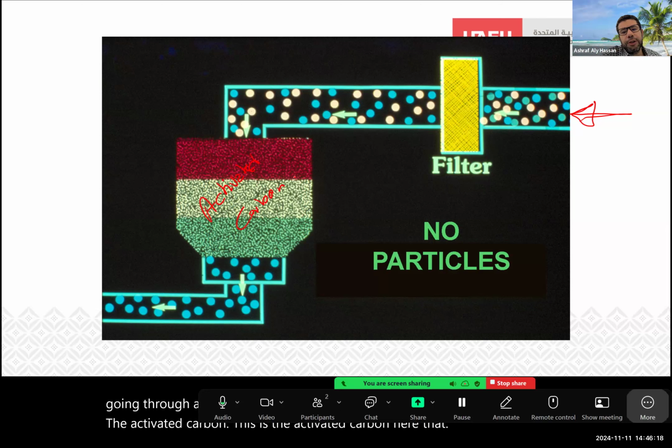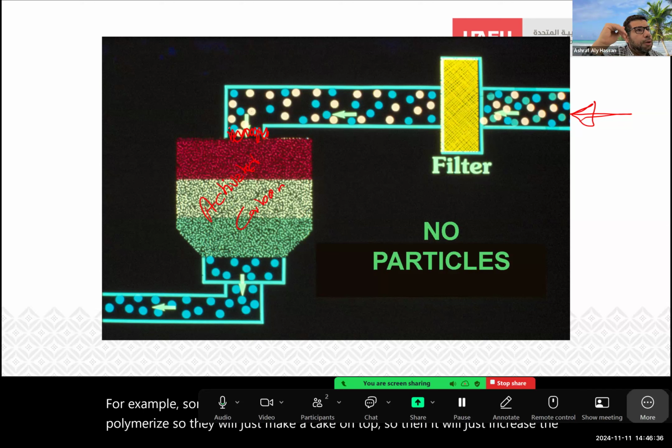So usually we use a filter to make sure that anything that will clog the bed is left out. For example, sometimes humidity, sometimes things that will polymerize. They will just make a cake on top, so then it will just increase the pressure without being adsorbed. So you get rid of things that you don't want here.